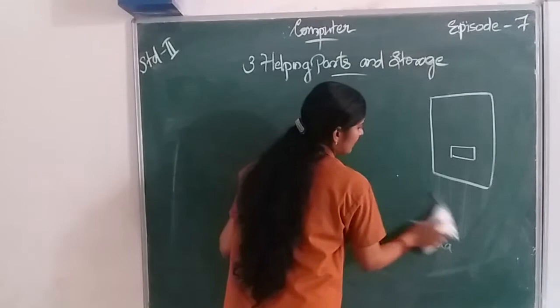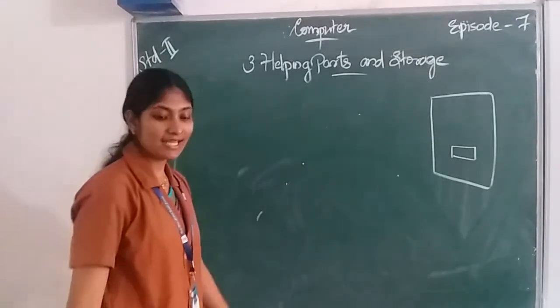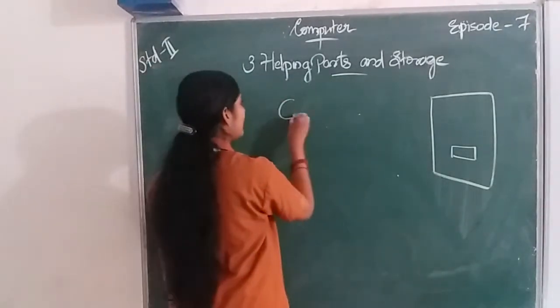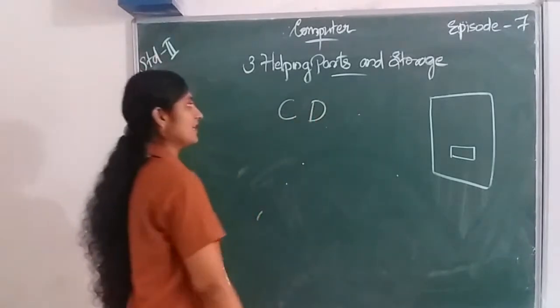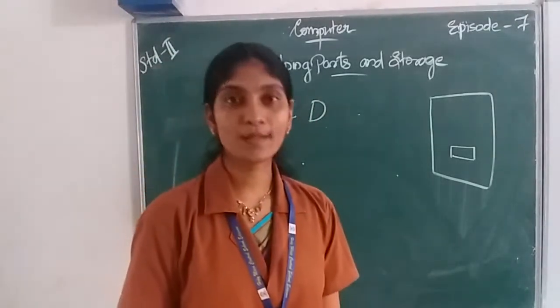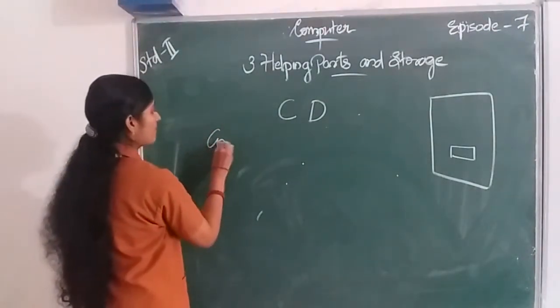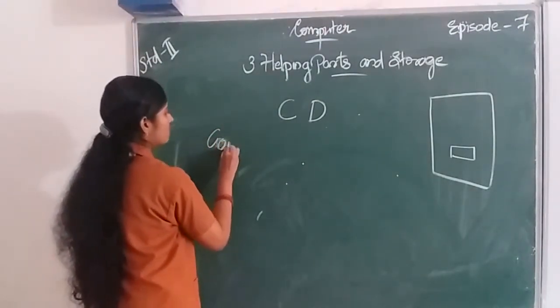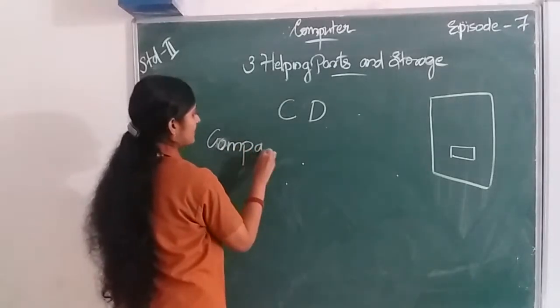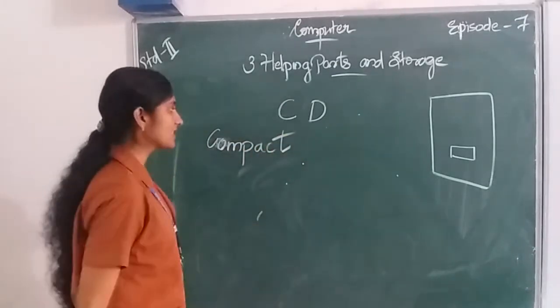Another type of storage device is what? CD. CD stands for compact disc. C-O-M-P-A-C-T, compact.